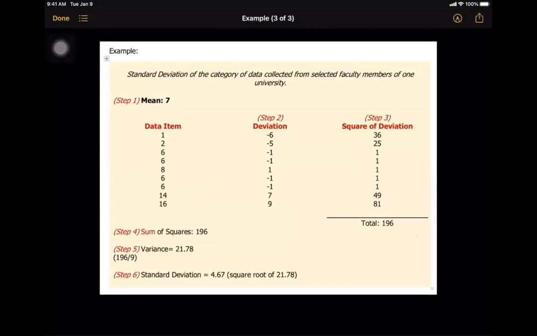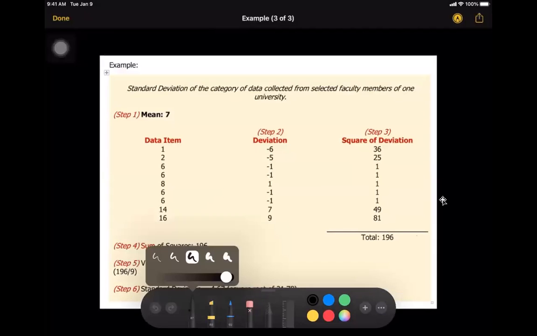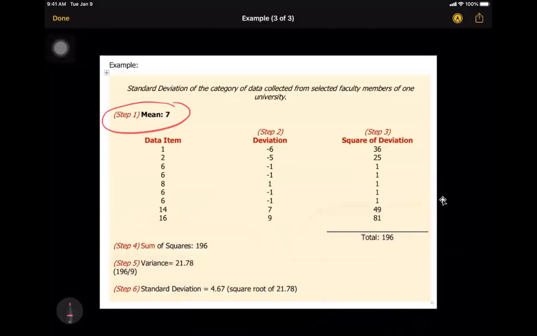The second step is to compute the deviation or the difference. So first, solve for the mean, and after you solve for the mean, you get the difference.